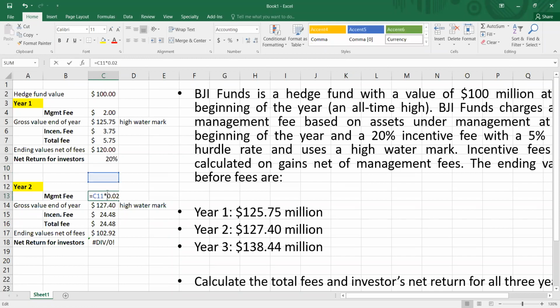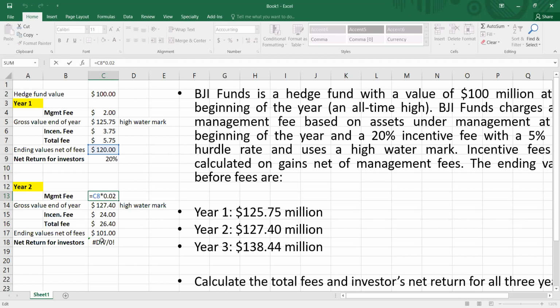So this 2% is this. I meant this point in the previous question, about the ending value. Why are we using it? Okay, this is the reason why we are using the ending value.